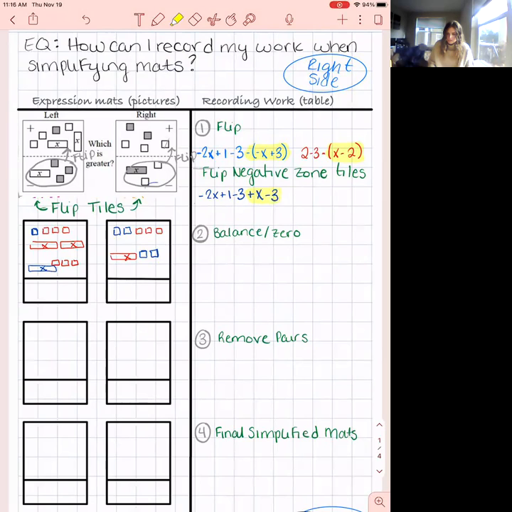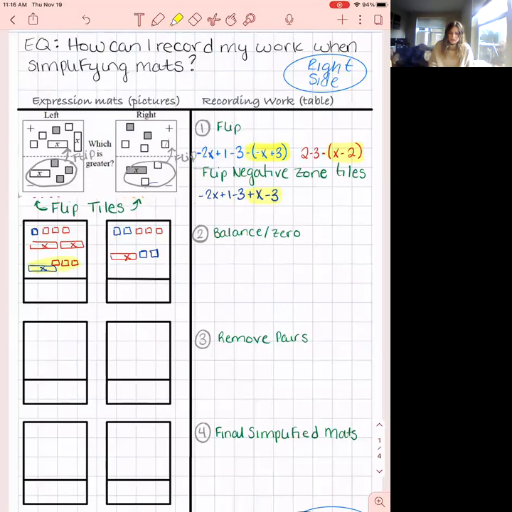I would like you to use these highlighters to help you know what you're doing in each step. So I went from those parentheses to flipping everything and taking it out of parentheses. And you'll notice that that matches the part that we flipped. So we'll pause here for questions.